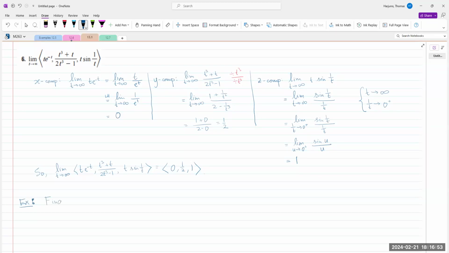Find the vector function of a line containing, let's say, (2, -3, 1) and, let's say, (5, 4, -2).